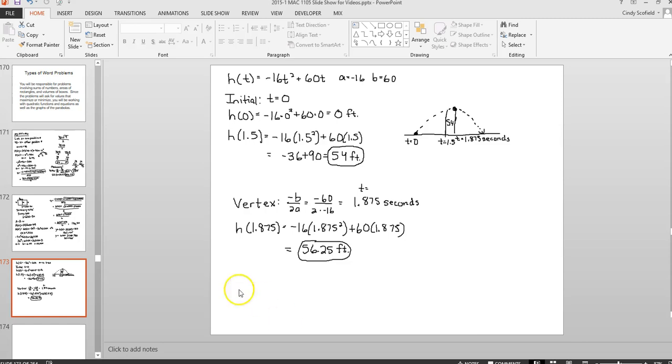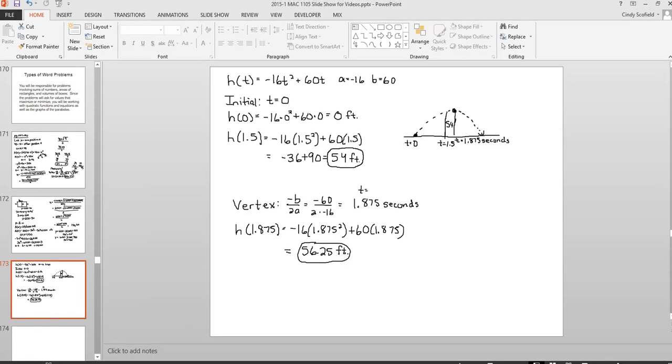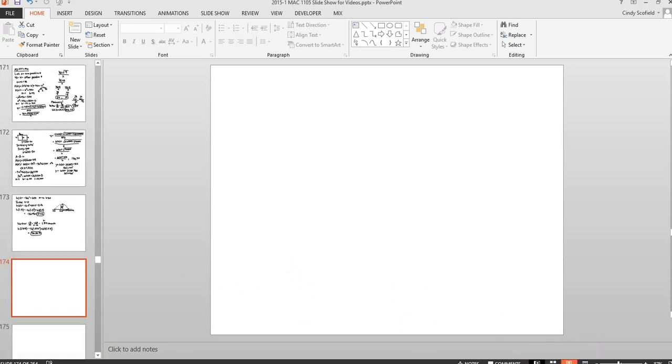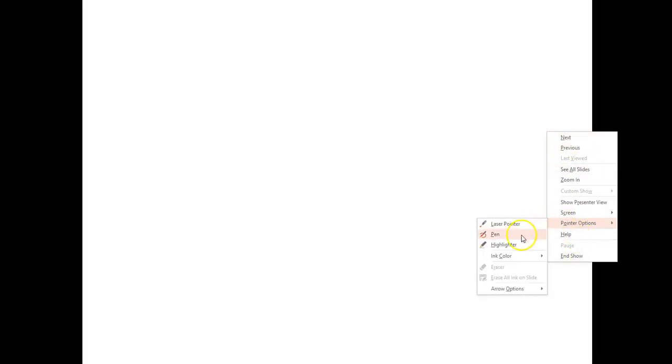All right, so let's go back to our PowerPoint. Blank slide. Back to my pen. All right, so we have this piece of sheet metal.